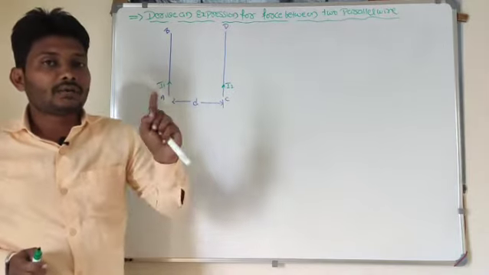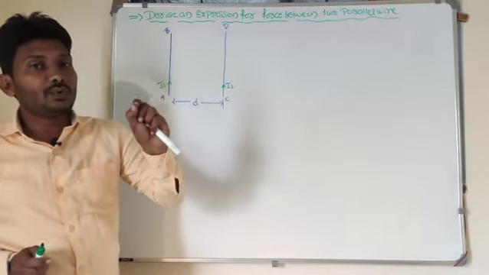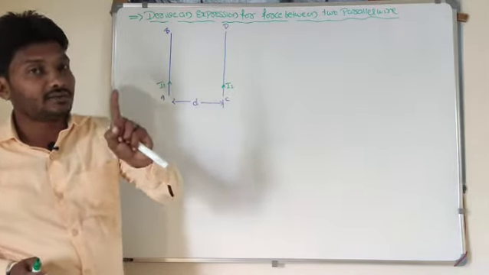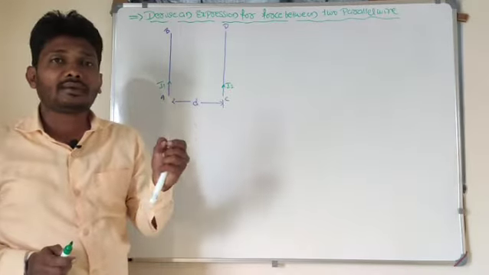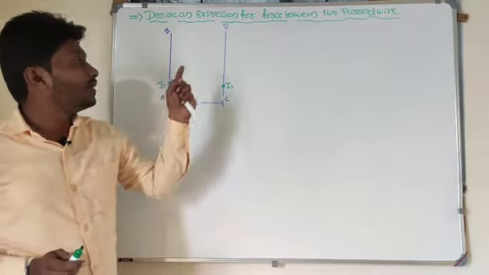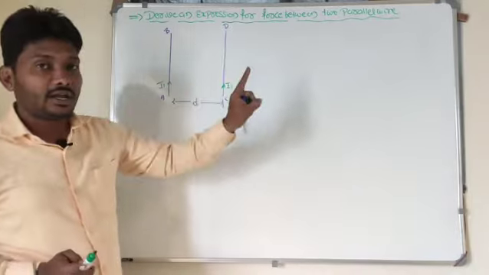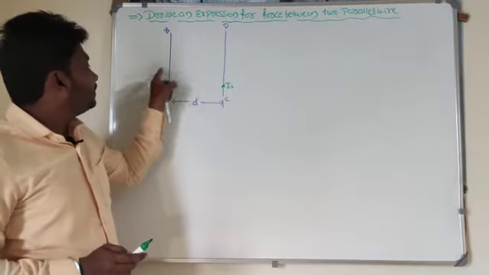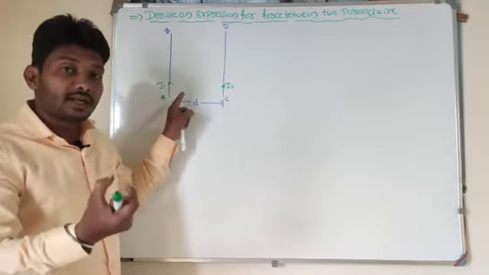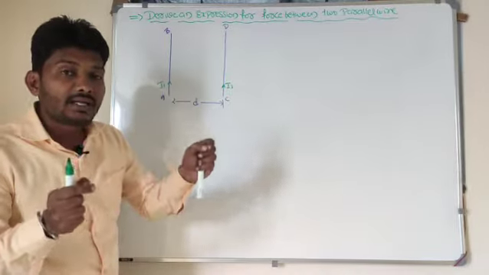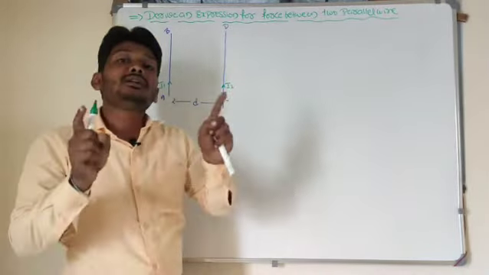Remember, due to current I1 I will get magnetic field B1, and that magnetic field B1 acts on the second wire.